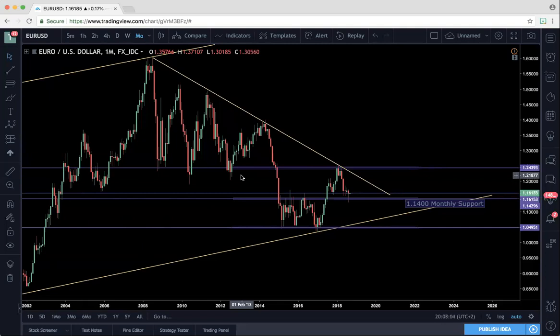Having done that, we can identify in this chart that the key zone would be the 1.1400. That was my monthly support. This is where price has been respecting.